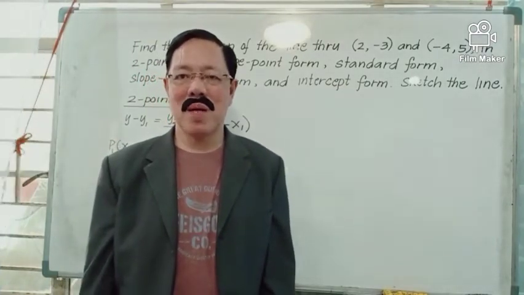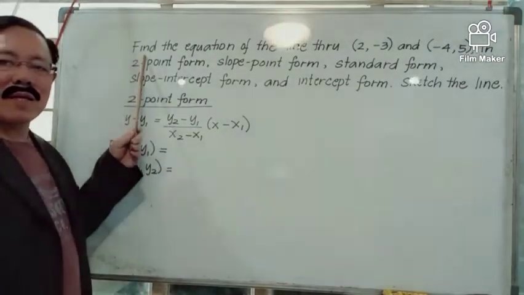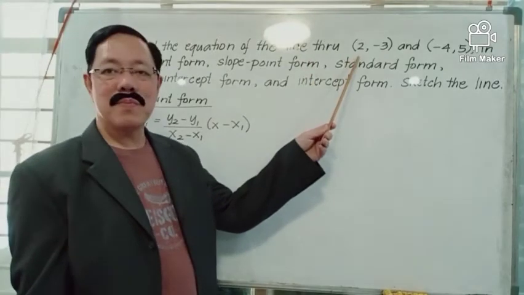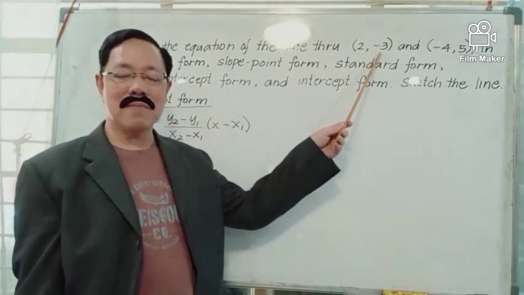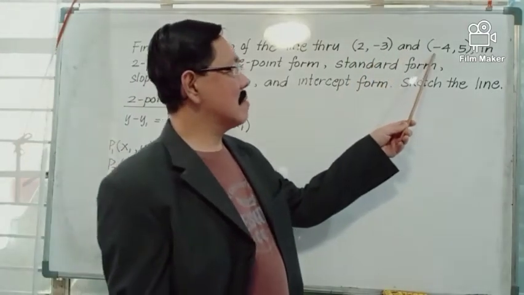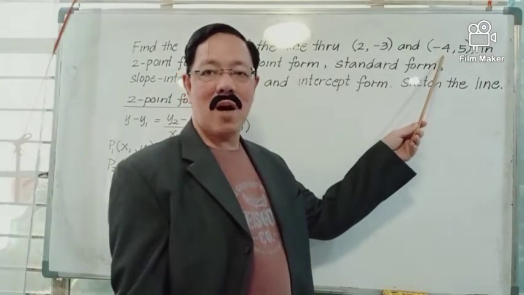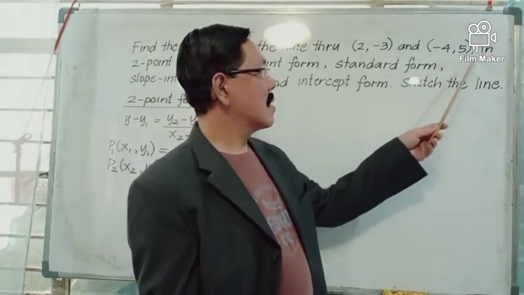Consider the following problem. Find the equation of the line through (2, -3). This is the first point on the line. The line will pass through this point. And (-4, 5). This is the second point given on the line. The line also passes through this point.